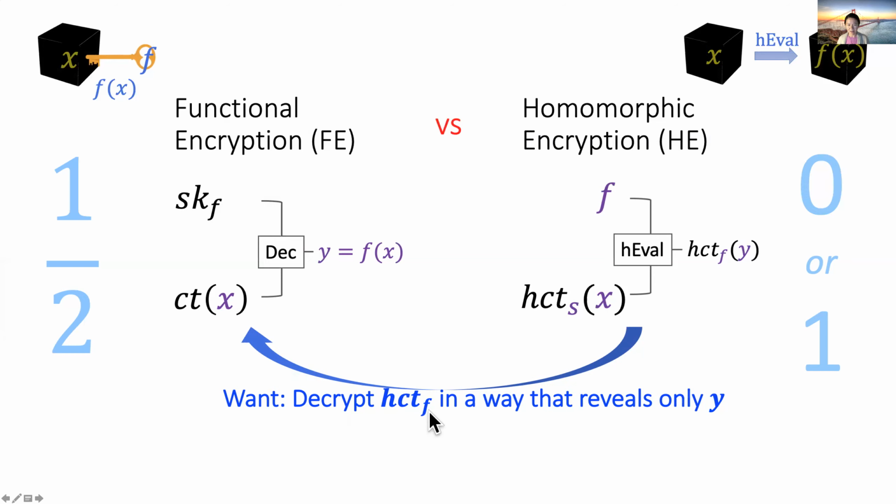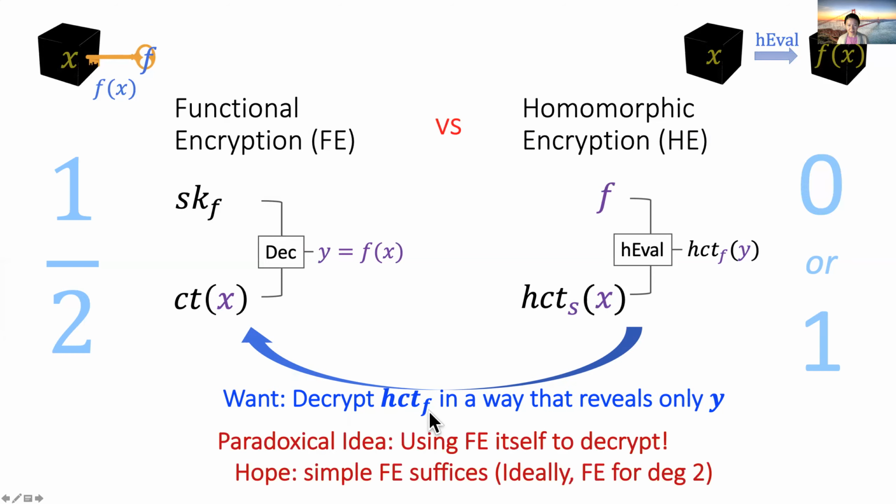Well, we haven't got many choices of tools. And one idea is perhaps using functional encryption itself. But this is rather paradoxical because how can we use a functional encryption to construct a functional encryption? That doesn't make much sense. So the hope is that, in order to decrypt HE ciphertext, we just need a functional encryption for simple computations.